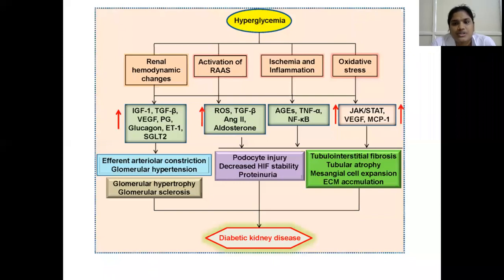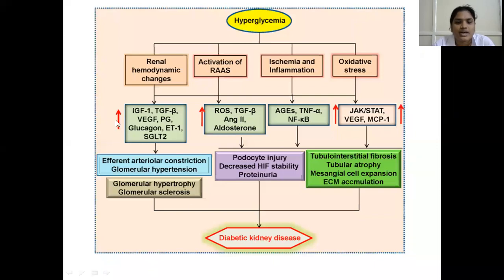Then the activation of the renin angiotensin aldosterone system leads to increased angiotensin and aldosterone, leading to podocyte injury, proteinuria, and finally diabetic nephropathy. And the ischemia and inflammation due to hyperglycemia can also lead to the same podocyte injury and proteinuria. And oxidative stress also leads to tubulointerstitial fibrosis, tubular atrophy, mesangial cell expansion. So these all lead to the final diabetic nephropathy.